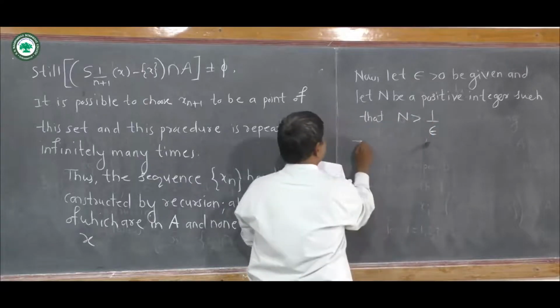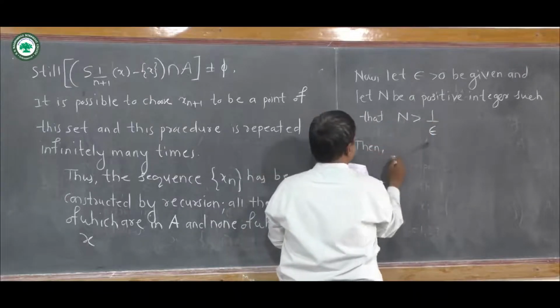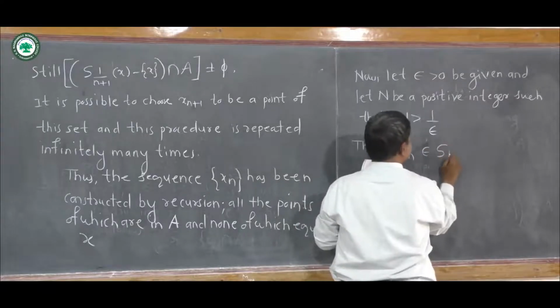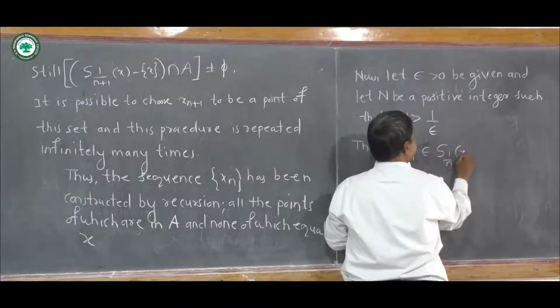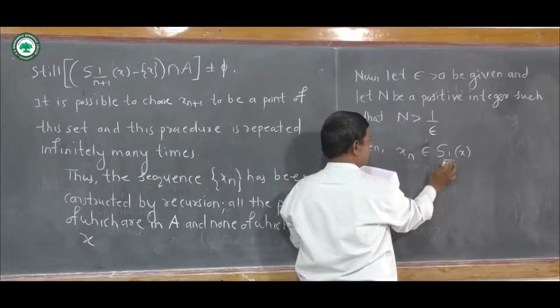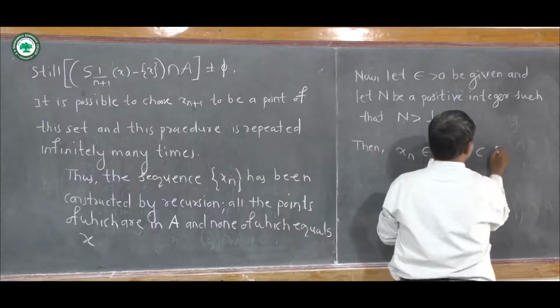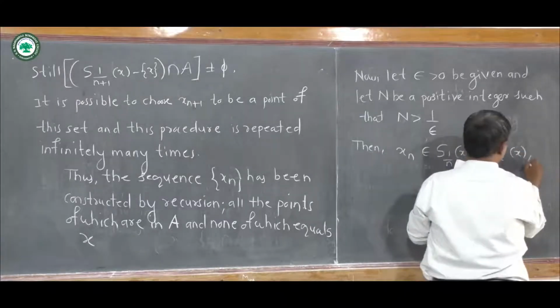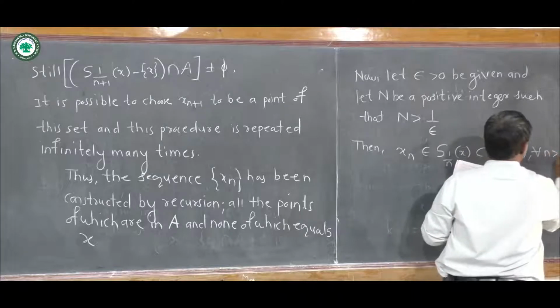Then we write here xn belongs to this open sphere, 1 upon n, x. That is the open sphere whose radius is 1 upon n, and this open sphere is containing the open sphere epsilon, x, for all n greater than N.